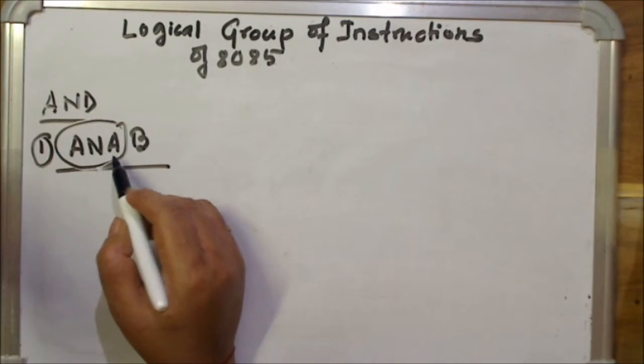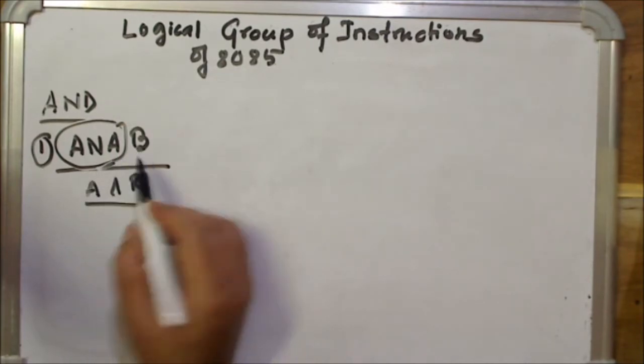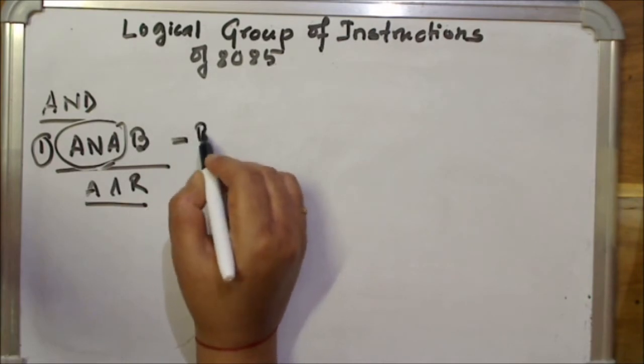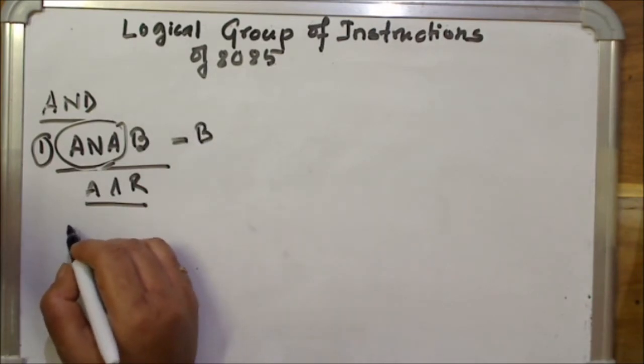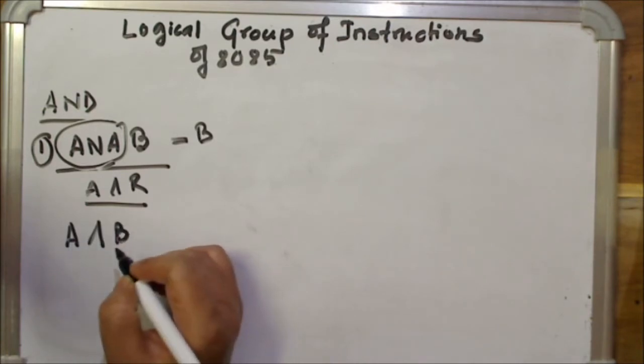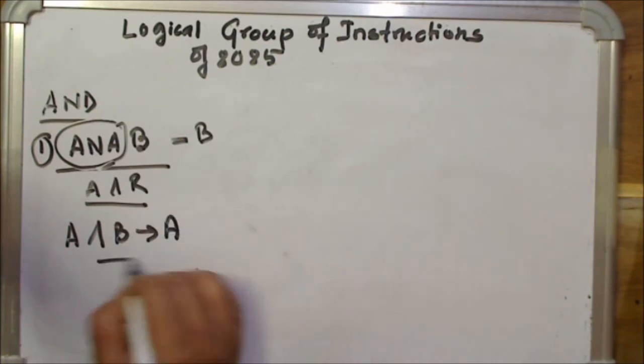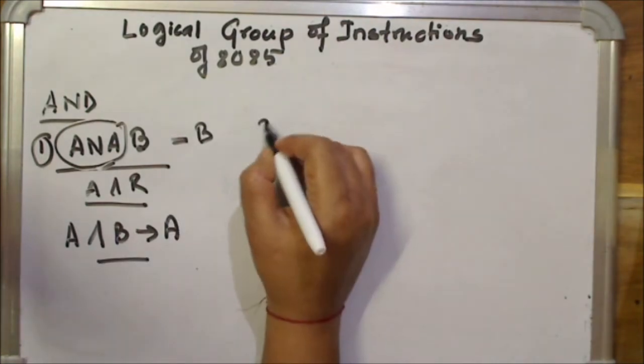So AND the contents of accumulator with some register. In this example I have taken the register as B. So what does the instruction do? It will AND the contents of accumulator with the contents of register B, and the answer will be stored in accumulator. Are you clear?